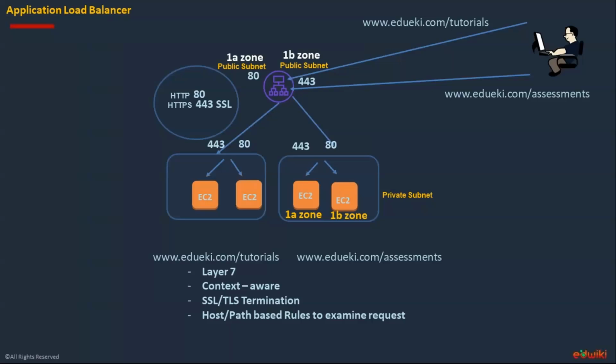They maintain high availability with respect to the load balancer, and they know what to do behind the screen. You don't need to worry about any of this. You just tell them, hey, I need a load balancer in the 1A and 1B zones. For you it is a single load balancer, but in the backend they know what to do if a zone fails.